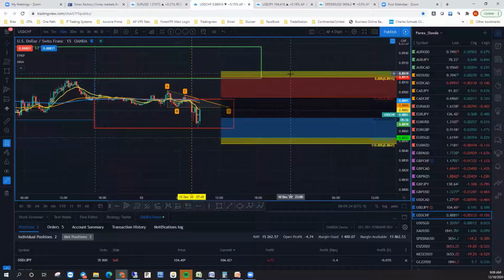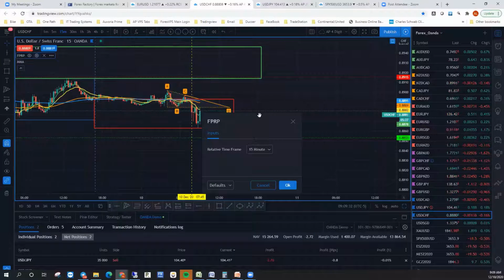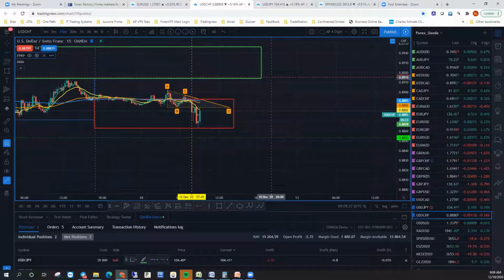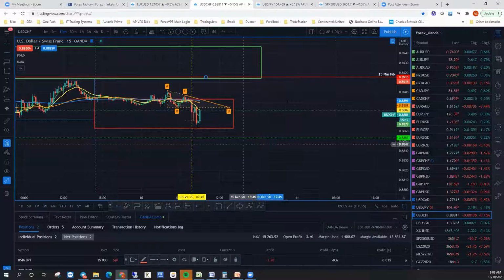Actually, I like to do even better than using this tool here. This one gets a little bit busy sometimes. I like putting it on 15 minutes. Yep, there's our 15-minute zones. So I'm going to put our 15-minute red, and I've got my 15-minute green.